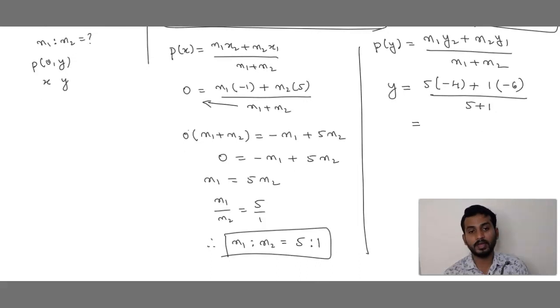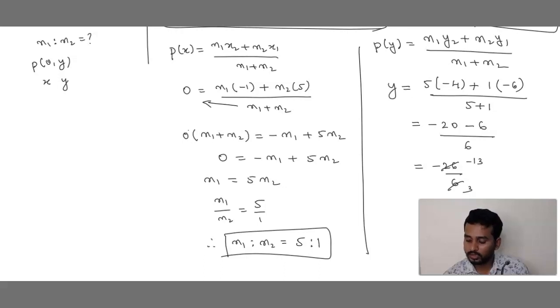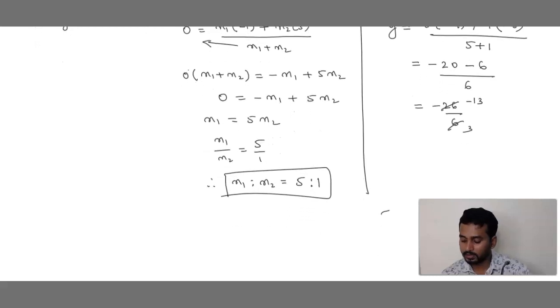Plus into minus is minus, 5 4s are 20, minus 1 6 is 6, so minus 20 minus 6 is minus 26, divided by 6. 2 13s are 26, 2 3s are 6. So the value of y is minus 13 by 3. So this is the value of y.